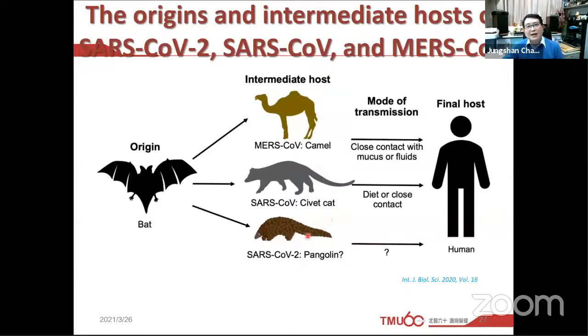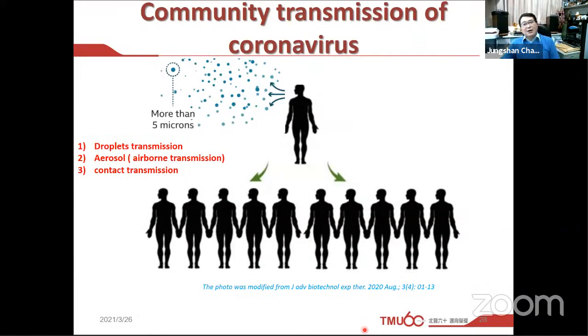And the way they transmit from the intermediate host, the animal, to human is still not clear, but I would believe that maybe it's the diet, maybe the direct contact of fluid, and it's still unclear for this COVID-19 virus.